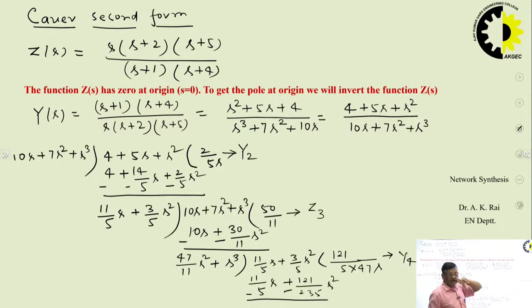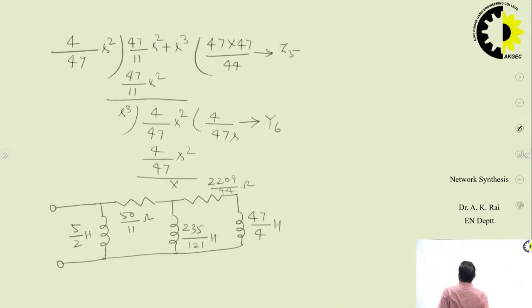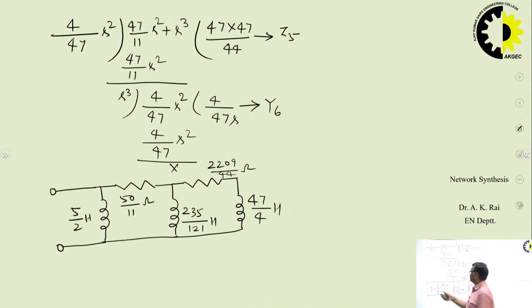Once we have inverted the original function, then the first element will be missing. So, we start with the second one, Y2. Be careful, we will start with Y2 because we have inverted the original function to get the pole at origin. These are some tricks. So, the first element is missing, we start with the second one, and so on.